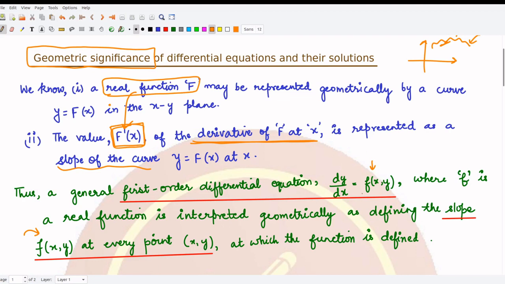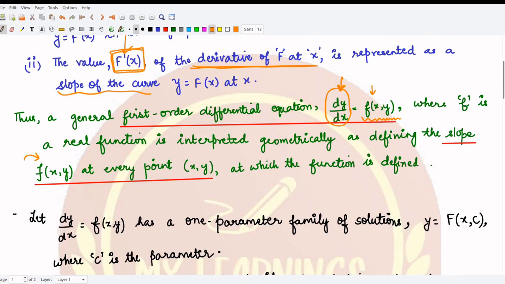Because here f of x y is written in terms of dy by dx, and dy by dx is the derivative of y at x, correct? So it represents the change in the quantity y, so it gives you the slope. In this differential equation, the function small f represents the slope of the given function.